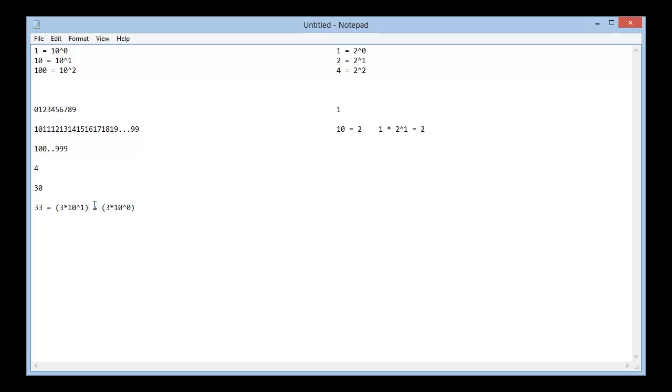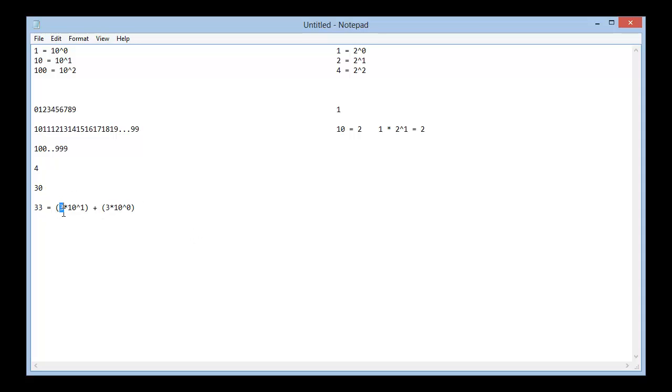I apologize. Which equals 33. How does it equal 33? Well, let's start on this side. You have your 3, times 10 to the 0. 10 to the 0, if you look up here, equals 1. So this is 3 times 1. So this whole thing equals 3.